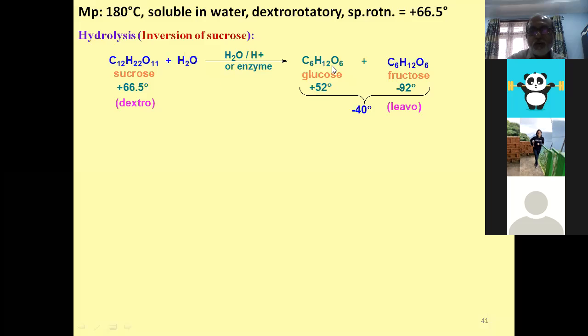And glucose is less sweet compared to sucrose: if sucrose is 100, glucose is 70, but fructose is 170. Now, I am talking here about invert sugar. This equal mixture of glucose and fructose is termed invert sugar because here you have a net levorotation in this mixture. So this is sugar, this is invert sugar, an equal mixture of these. So hydrolysis is known as inversion of sugar, sucrose.